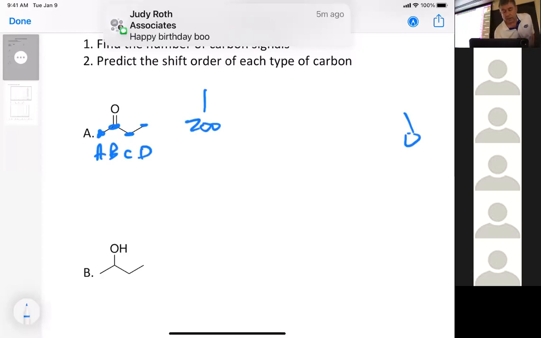And then these A and C are going to be further downfield than D. Why? Because they're closer to the oxygen, right? And so we're going to have A and C probably around 50 or so. And probably C is going to be a little closer to 0 because it has the carbon on the other side that can donate electronegativity.